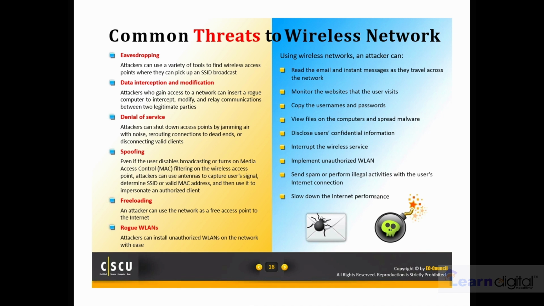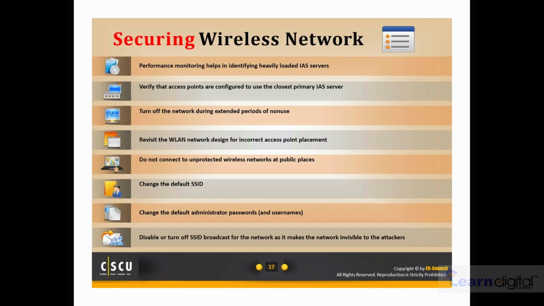They can disclose the user's confidential information, something like credit card or debit card information, right? They can interrupt the wireless services. They can implement an unauthorized WLAN. They can send spam or perform illegal activities with a user's internet connection, or they can slow down internet performance.